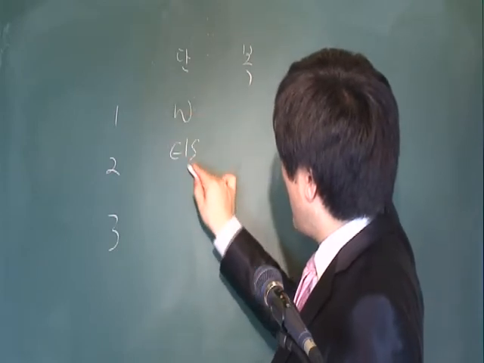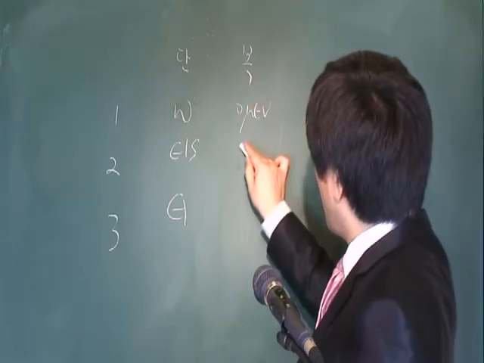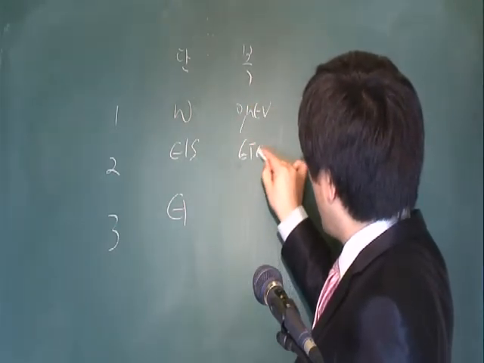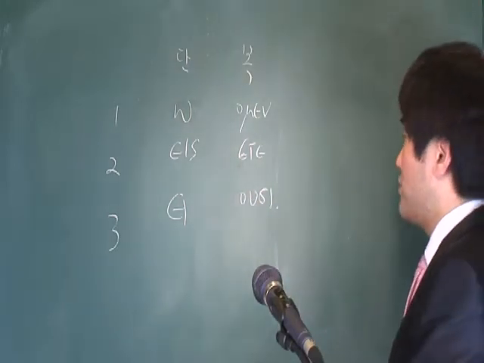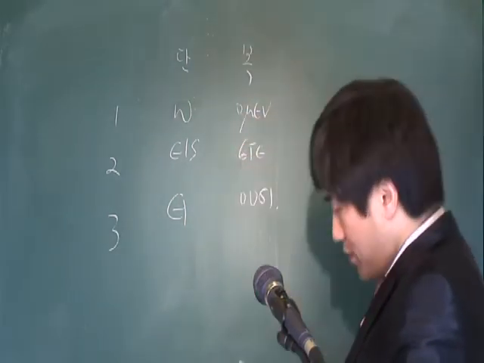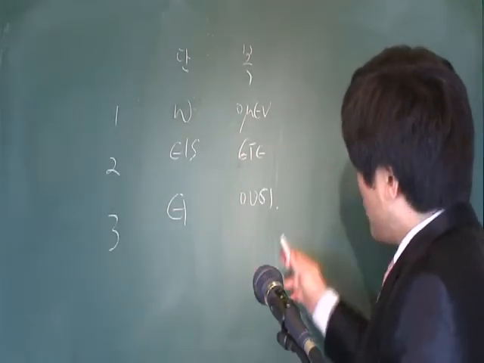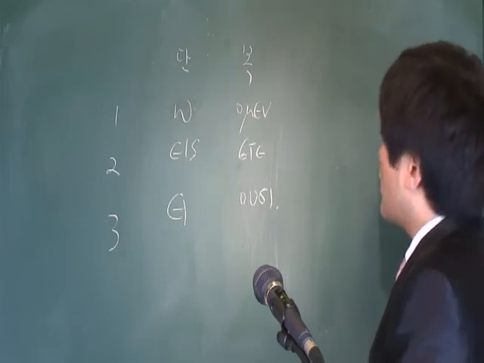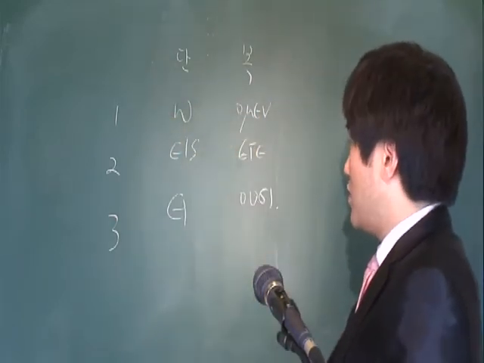Then, how can we say my? We can use the following expressions. We can use the word emu, and we can use the word mu. We can use either emu or mu.